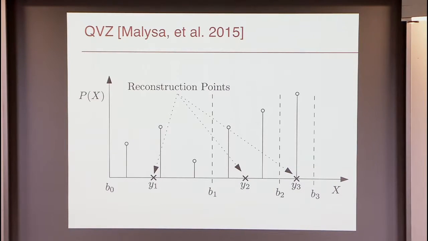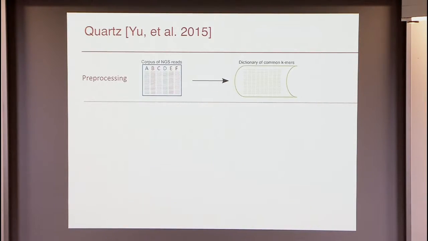And finally, for this section, I want to talk about work that came out of our group called Quartz. What Quartz does is it compresses quality scores by smoothing many of them to a unit value.